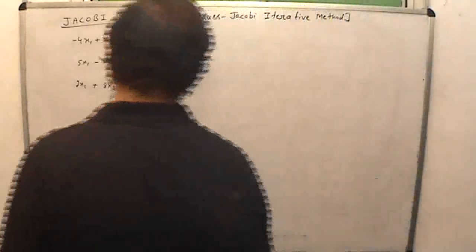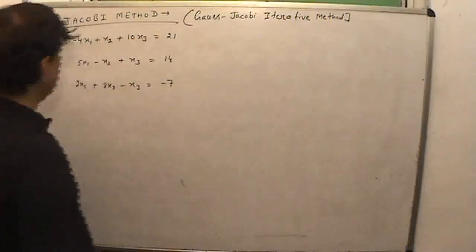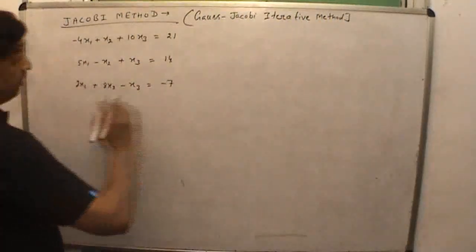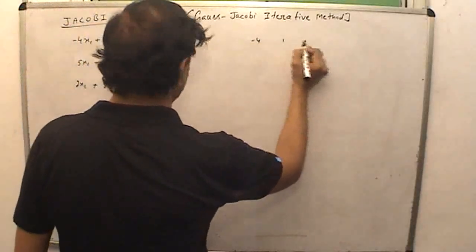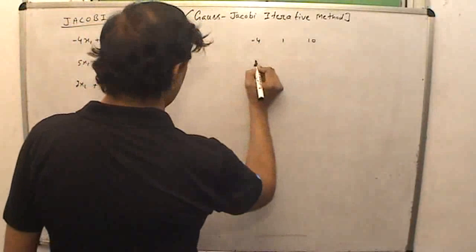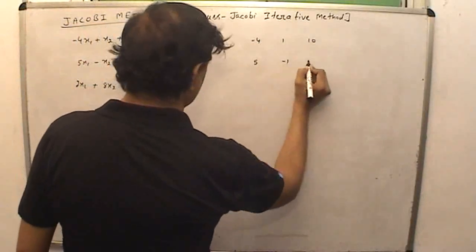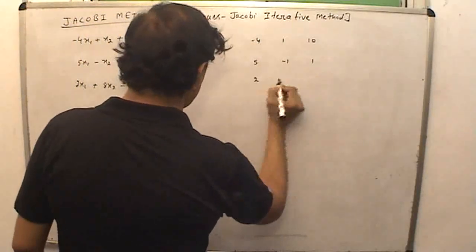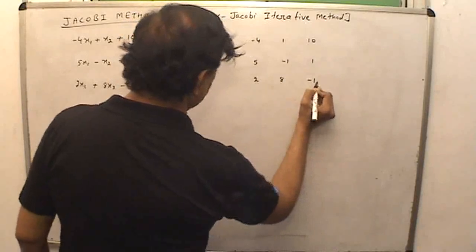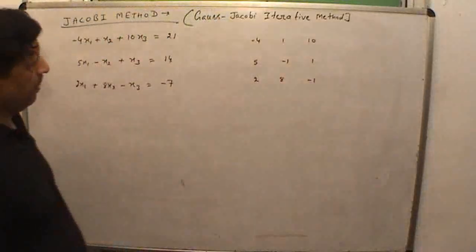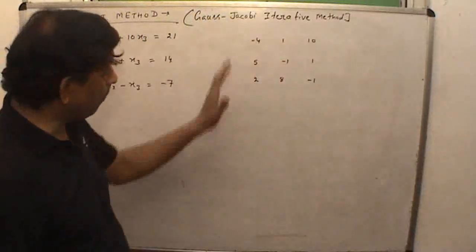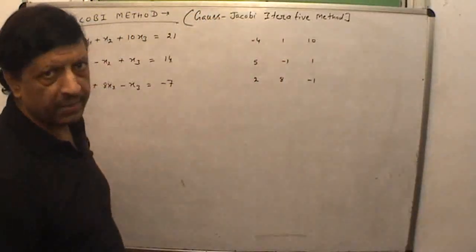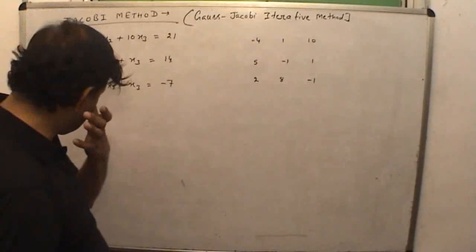The first step, keep in mind that here we write the coefficients in the form of a matrix: 4, 10, 5, minus 1, 1, 2, 8 and minus 1. It's rough work. Simply we write the coefficients along with the sign.